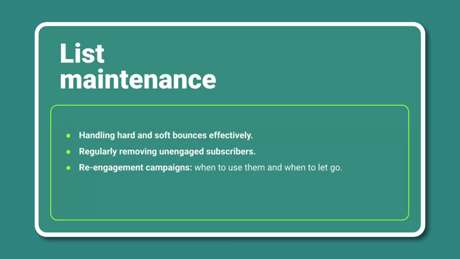For example, every fourth or fifth planned campaign that you have scheduled can be sent to this segment. And then the last one will be the long-term inactive segment. These are the contacts who have not displayed any signs of engagement for a very long period of time. If we take my example, this will be more than a year.